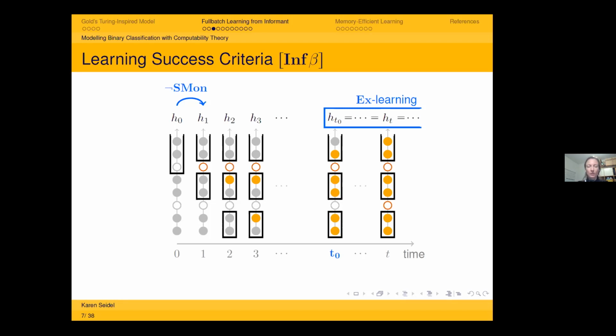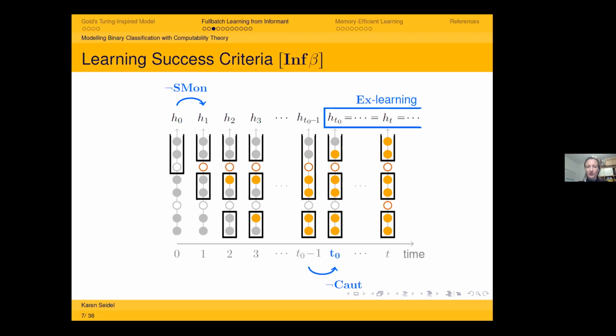This is what strong monotonicity requires. And as this is not the case going from H0 to H1, we do not have strong monotonicity here. Indeed, we will see soon that this is also a restrictive assumption in contrast to conservativeness.